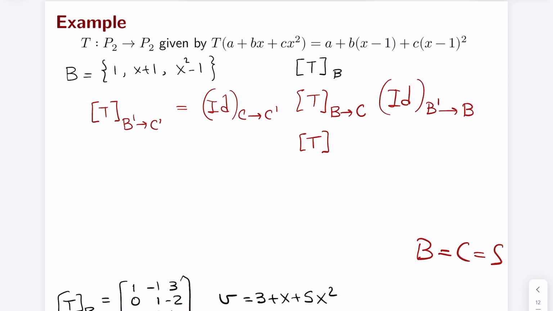And so here, by putting B and C both equal to the standard, so here we have standard, right? So then this matrix became identity B prime standard. And so here, since C is the standard, here will become identity standard C prime.